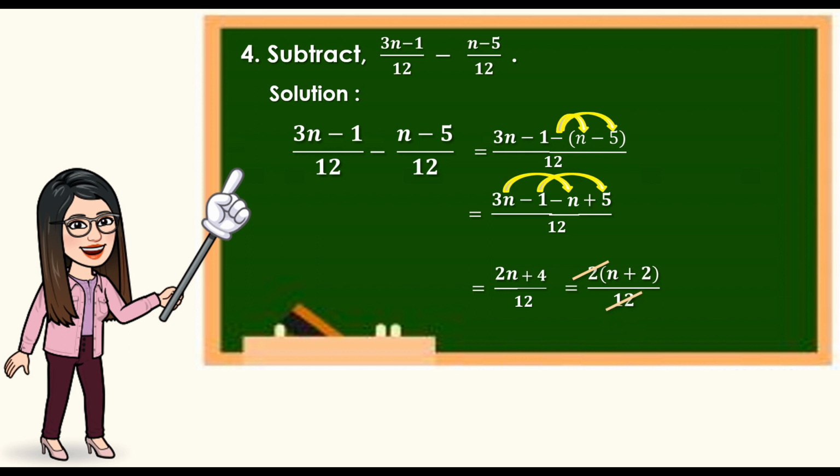So 2 divided by 2 is 1, and 12 divided by 2 is 6. What's left in the numerator is just n plus 2, and in the denominator is 6. So therefore, our final answer is n plus 2 all over 6.